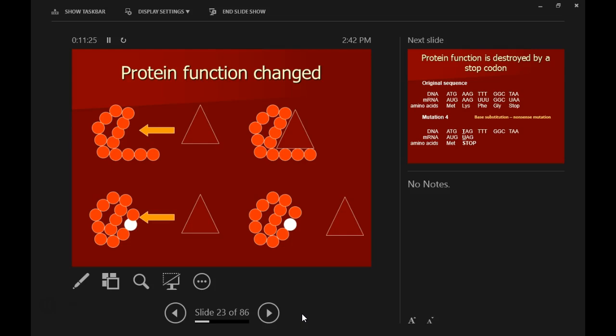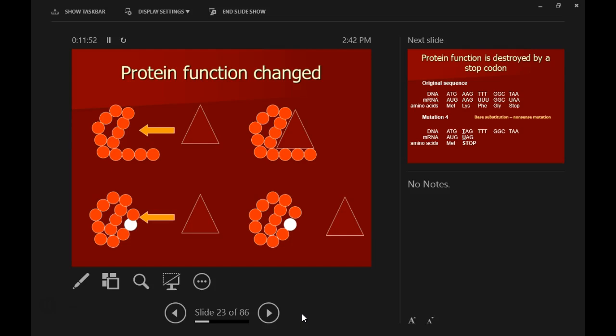This type of mutation, just one base changing one amino acid, changes the shape of the protein and we've lost the function. And this often happens. We'll take a look at some real examples a little bit later. But sometimes little changes like that will have a big influence on what the protein does.